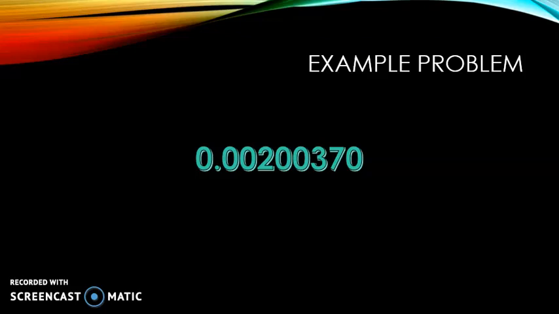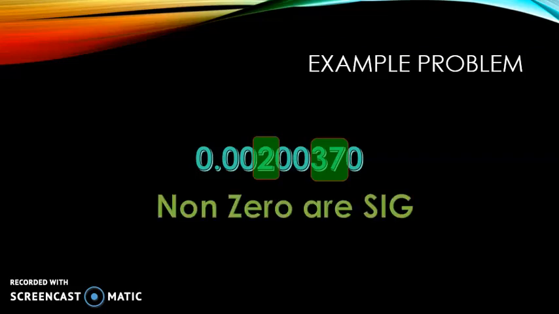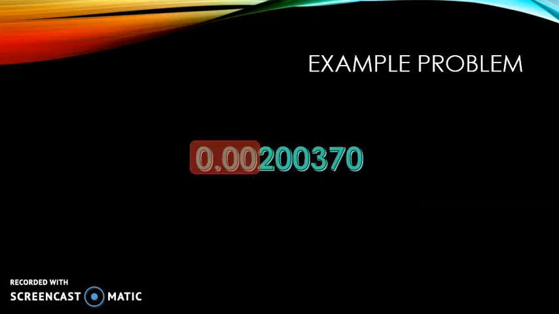Here's just a random number. Let's go through and analyze this number for how many digits in this number will actually be significant. Well, the easiest ones to pull out immediately would be the non-zero numbers. Of course, these are going to be significant. So we at least have 3 significant digits inside of this number. Now let's consider the zeros that fall to the left of the 2.